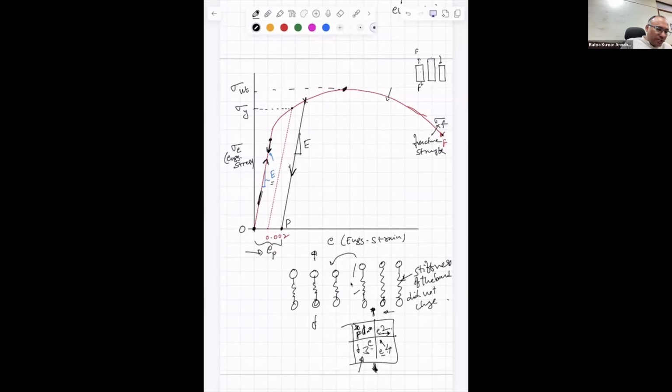And carefully observe, when it is loaded up to this point, say point A, and then unloaded, it went to point P on this graph, having a plastic strain of some value.